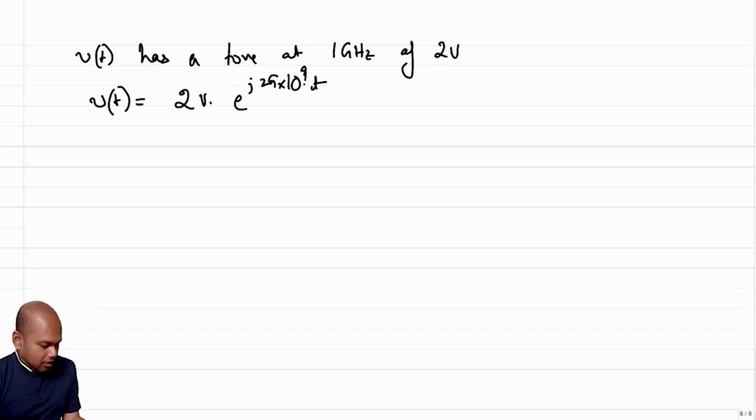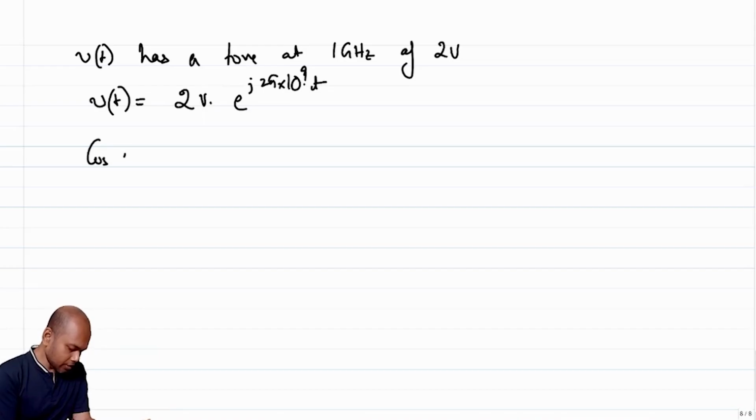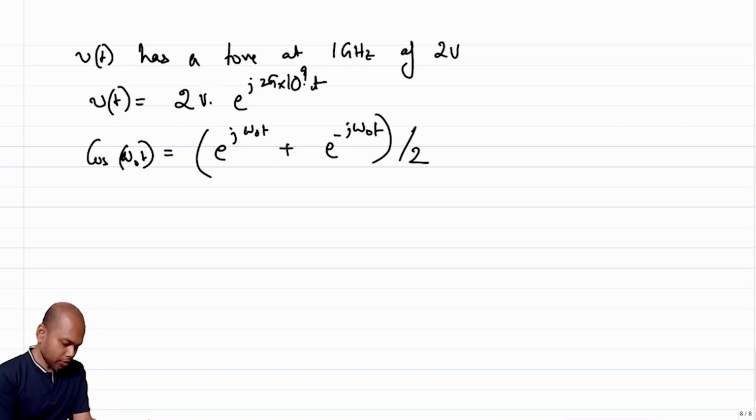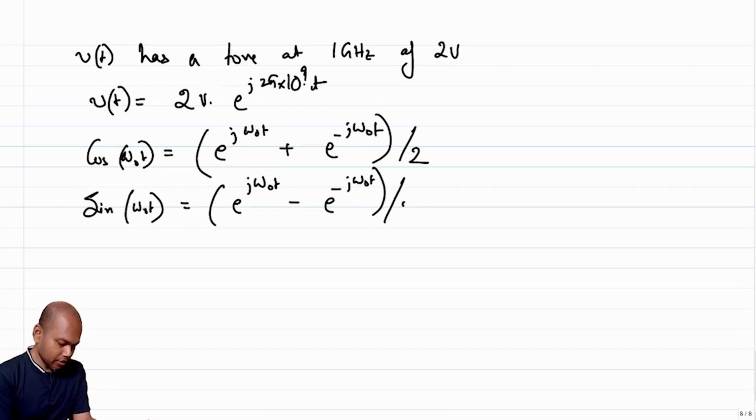That's all it means. However, at this moment you turn around and say that there are no complex exponentials in real signals, which is correct. Instead of e to the power j 2 pi, we get cosine and sine. But what is a good thing? We know that cosine omega naught t can be expressed as e to the power j omega naught t plus e to the power minus j omega naught t, divided by 2. Similarly, sine omega naught t can be expressed as e to the power j omega naught t minus e to the power minus j omega naught t, divided by 2j.